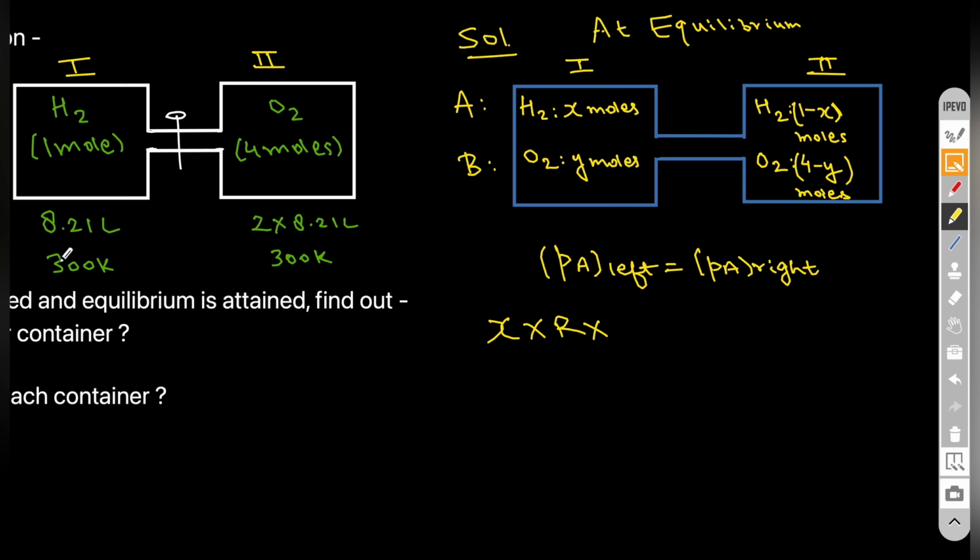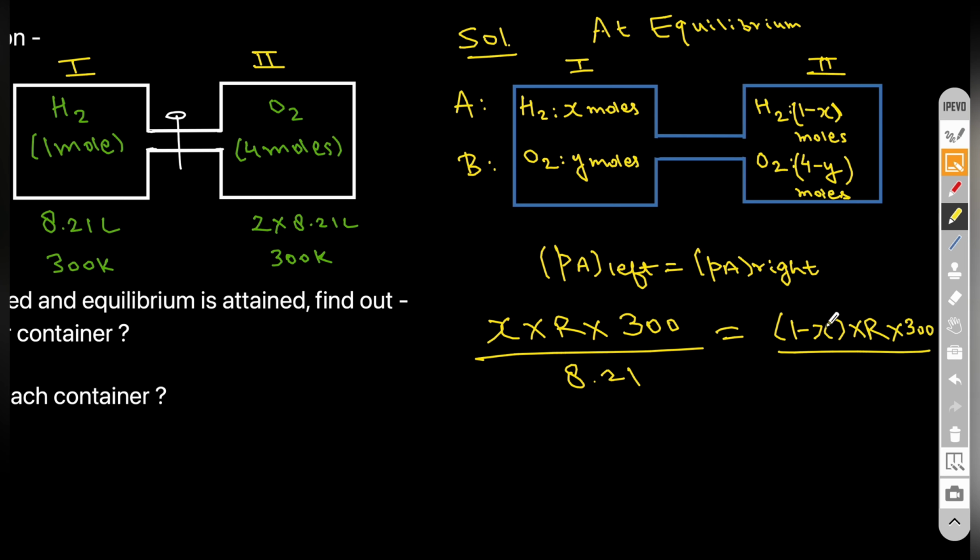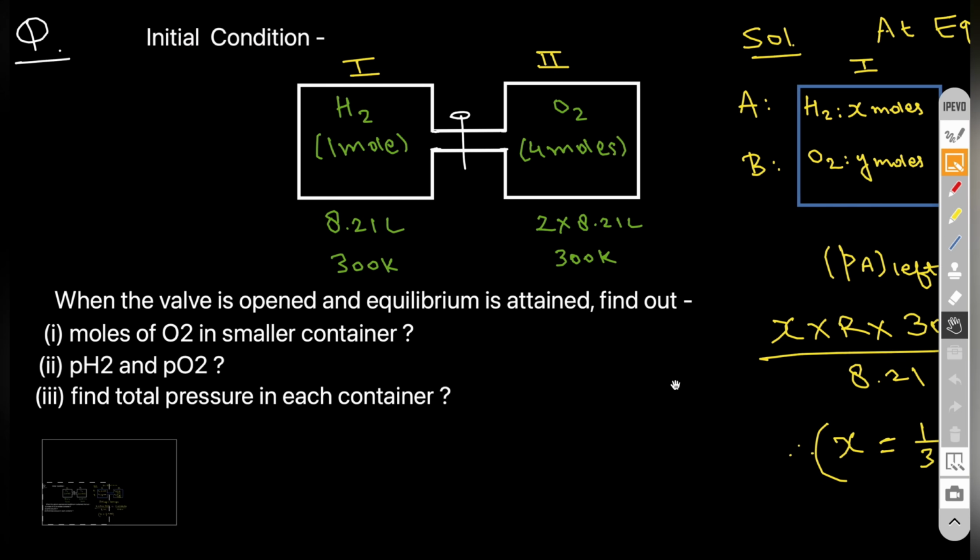It is nRT by V, which is X multiplied by R multiplied by 300 divided by V1, which is 8.21, equal to the moles of S2 on the right side, which is 1 minus X, multiplied by R multiplied by T2, which is 300, divided by the volume V2 here, 2 multiplied by 8.21. Note that the temperature is the same, so it will cancel out, R will cancel out, and we'll simply get the value of X, which is 1 by 3 moles.